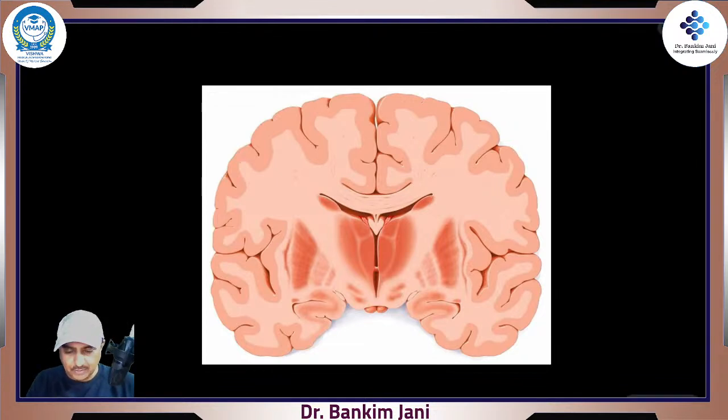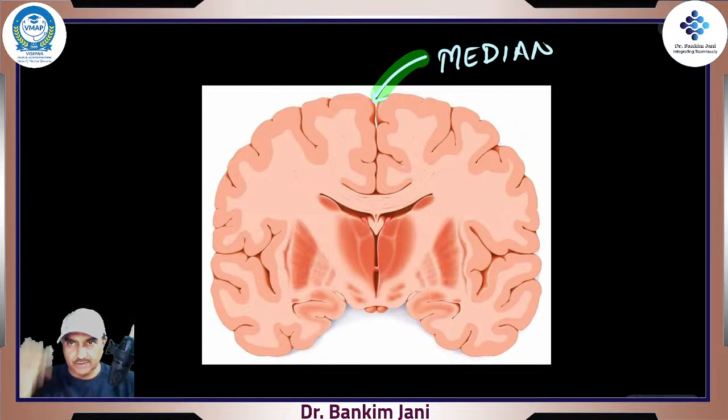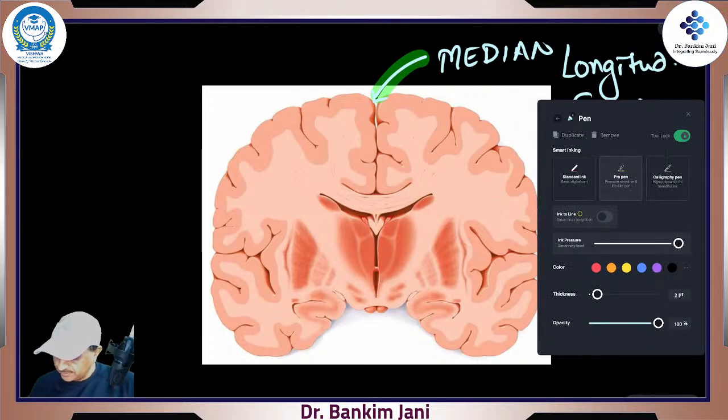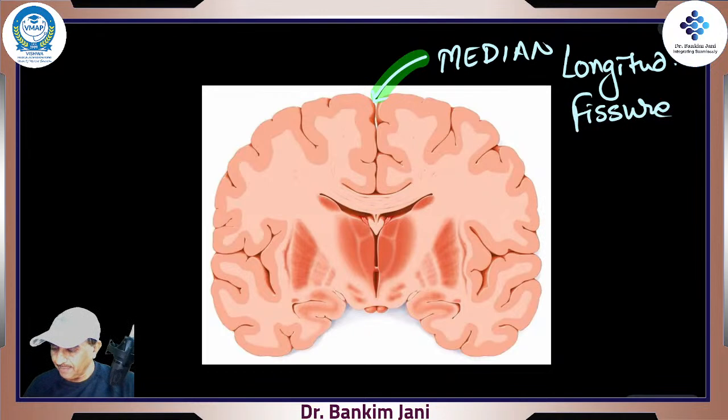That one is the median longitudinal fissure because it is splitting it, and it is in the center, so it is median. Now we need to see 2 things in this. One, its orientation. Let me reduce those points slightly. Yeah, now it would be better.